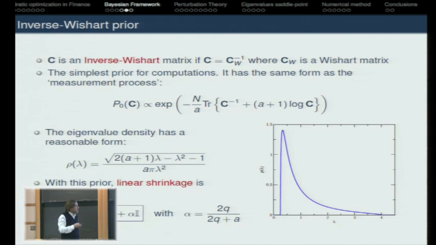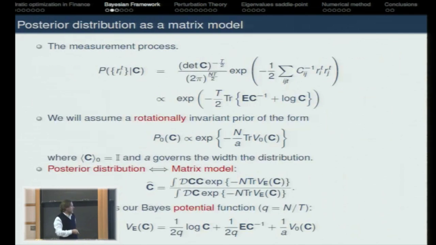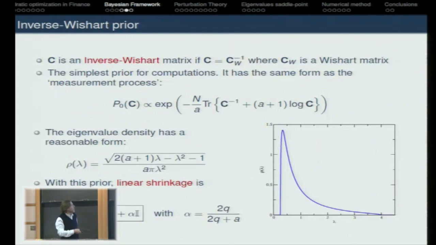And the potential, as you see, is C minus 1 and log C. And those are exactly the two terms we had in the measurement process. If I go back 2 slides, there was a log C and a C minus 1 coming from measurement. And if our prior is also a log C and a C minus 1, that's basically the simplest prior that we can come up with, because it has the same form as the measurement process.